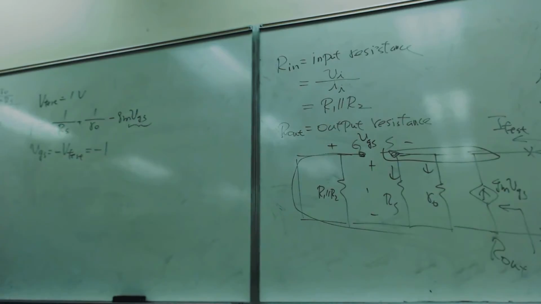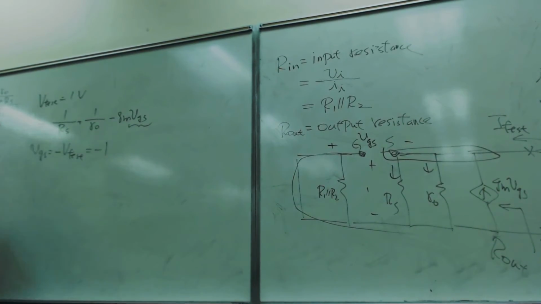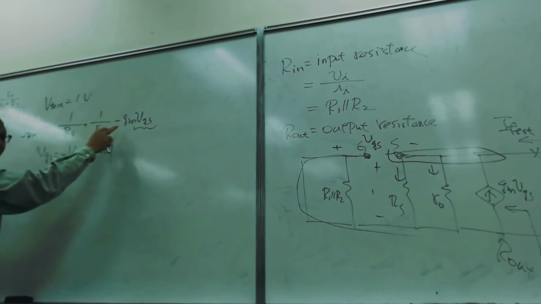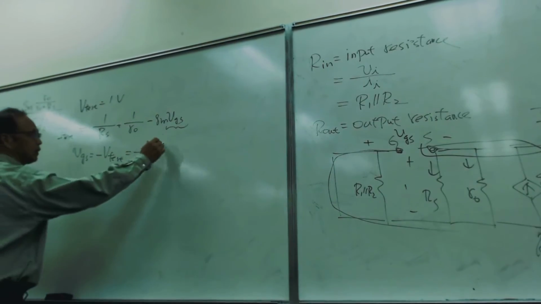What am I looking for? I'm looking for I test. So why am I doing this? You guys told me I made a mistake, right? So this is I test, equal to that plus that. It should be I test, it's not 1. So now I can put this in here.